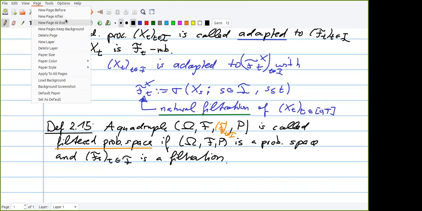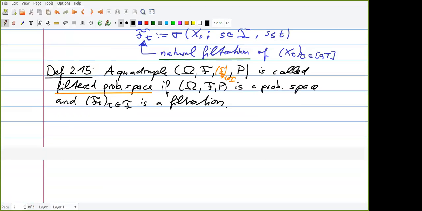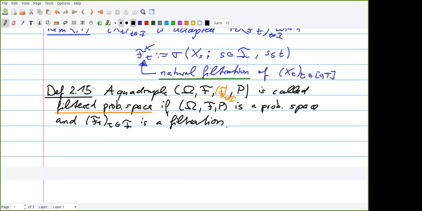I need a new page. So let us come back to our example, namely the binomial model. So that's example 2.16, which is nothing else than back to the binomial model.